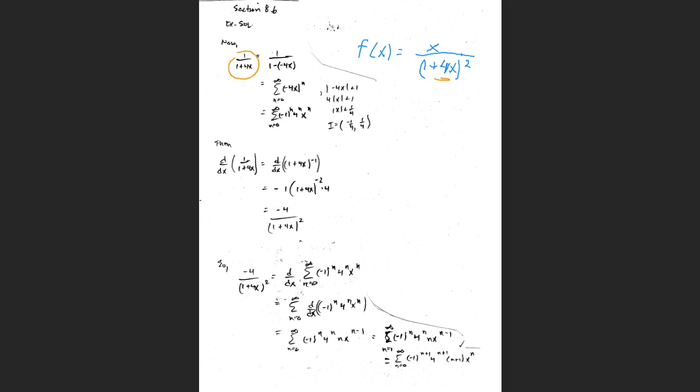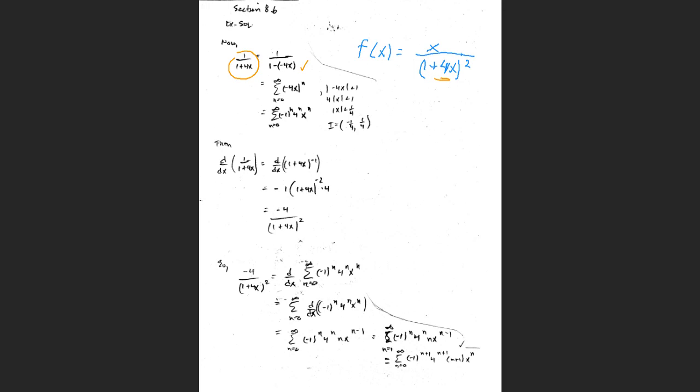And I'm going to rewrite that as a power series. So 1 plus 4x I write as 1 minus negative 4x. Then using the geometric series formula, that'll be the series where you have negative 4x to the nth power.